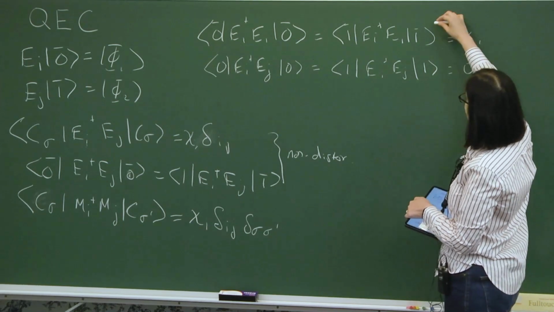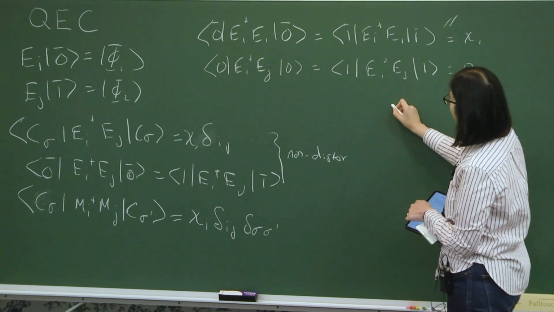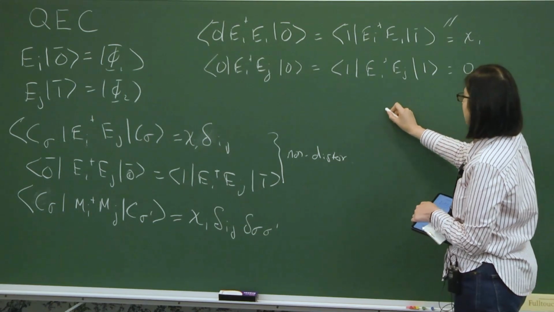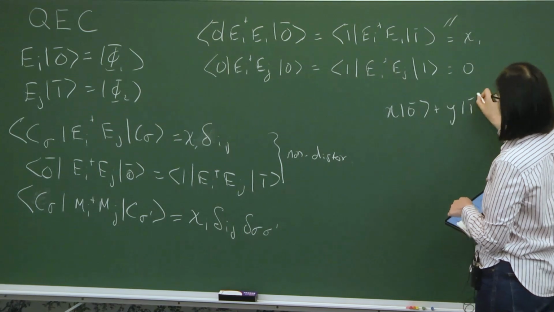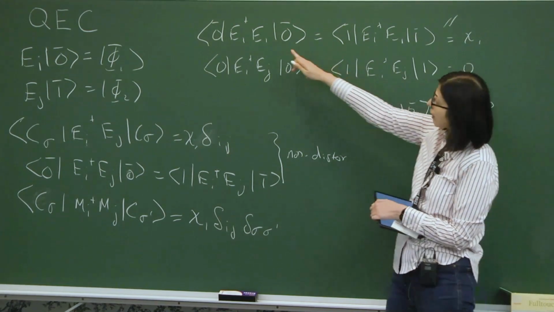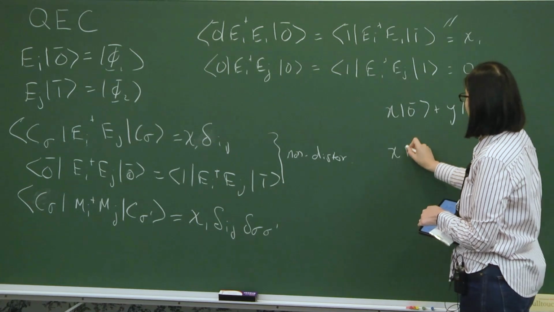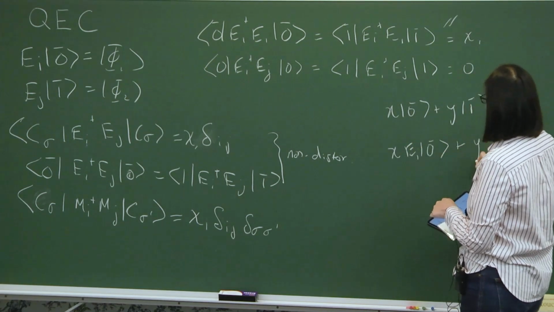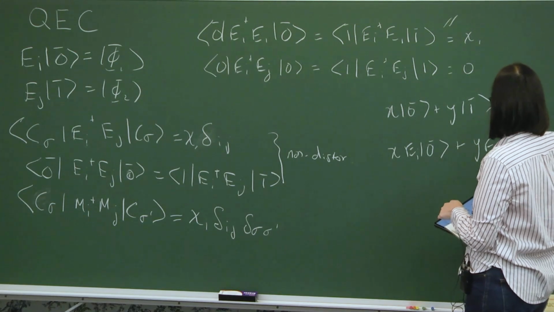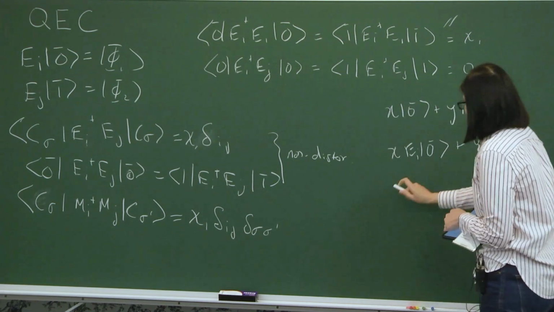So if you just look at the top line, for example, what it's saying is that suppose you have a superposition state. You start with x|0> plus y|1>, and you apply this error onto this state. Then you'll have x e|0'> plus y e|1'>.